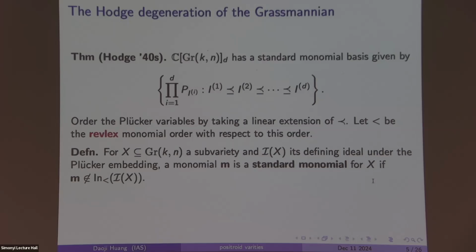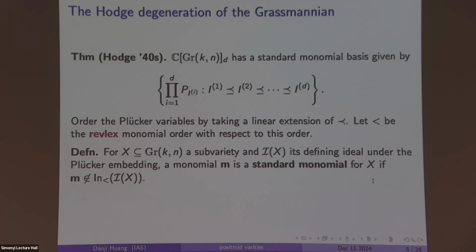Okay, but going back to the story, here I will be able to give my definition of standard monomial. If I have a subvariety X in the Grassmannian, I(X) denotes its defining ideal in the Plucker embedding. A standard monomial for X is one that is not an element of the initial ideal.